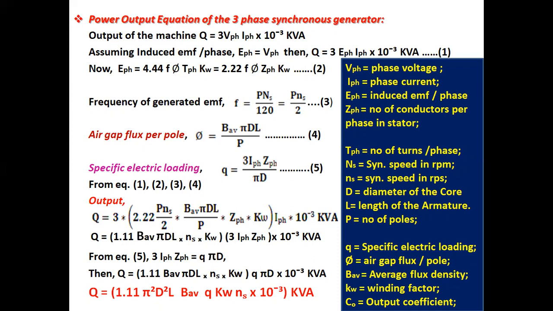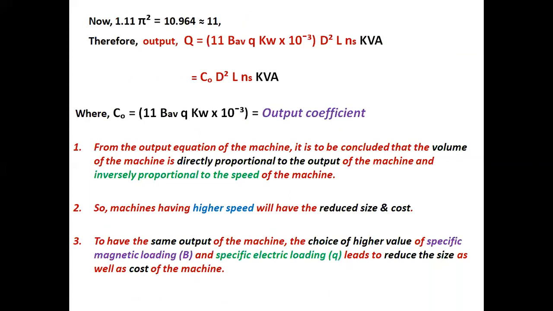From equation 5, 3 I ph Z ph is equal to q pi d. Then Q is equal to 1.11 pi square d square L B average q Kw ns into 10 to the power minus 3 kVA. Now 1.11 pi square is equal to 10.964, that is equivalent to 11.